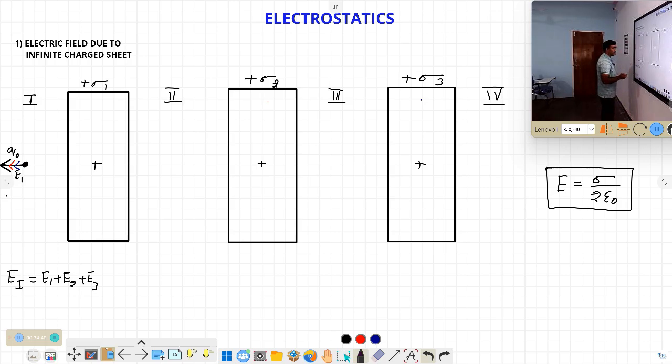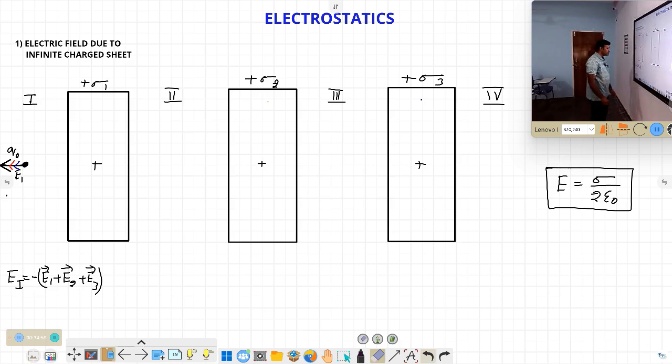If we take the electric field along the positive x-axis as positive and along the negative x-axis as negative, all are added along with a minus sign. Why the minus sign? Because the electric field in region 1 is acting towards the negative x-axis.